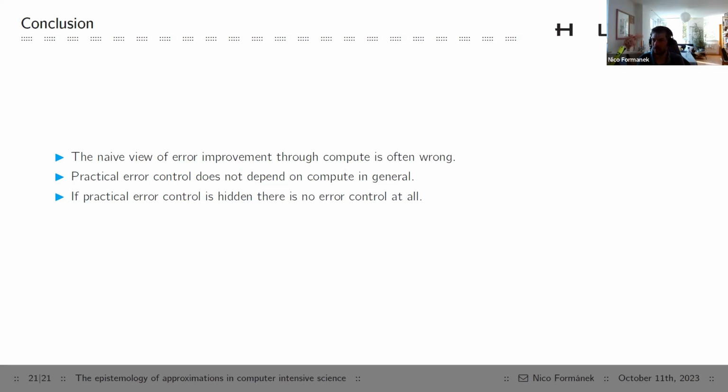It doesn't depend on compute in general. This is why we cannot improve errors, or we cannot improve real approximations by just improving compute. And I would even go so far as to say that if practical error control is hidden from the end user, and if it's just used, then there's no error control at all. Okay, so that's it.